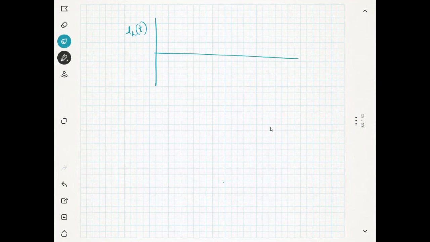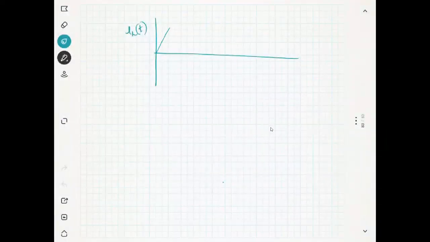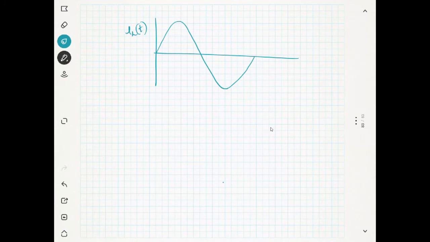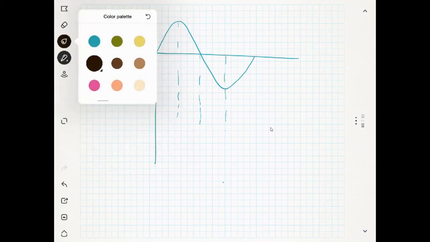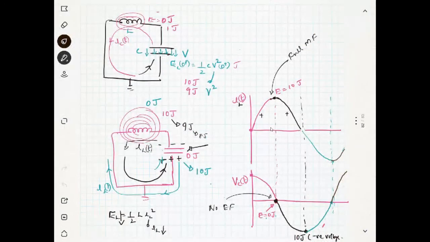Now we have seen the inductor current is like this. Inductor current is a perfect sinusoid like this. And the voltage across the capacitor is like this, positive.